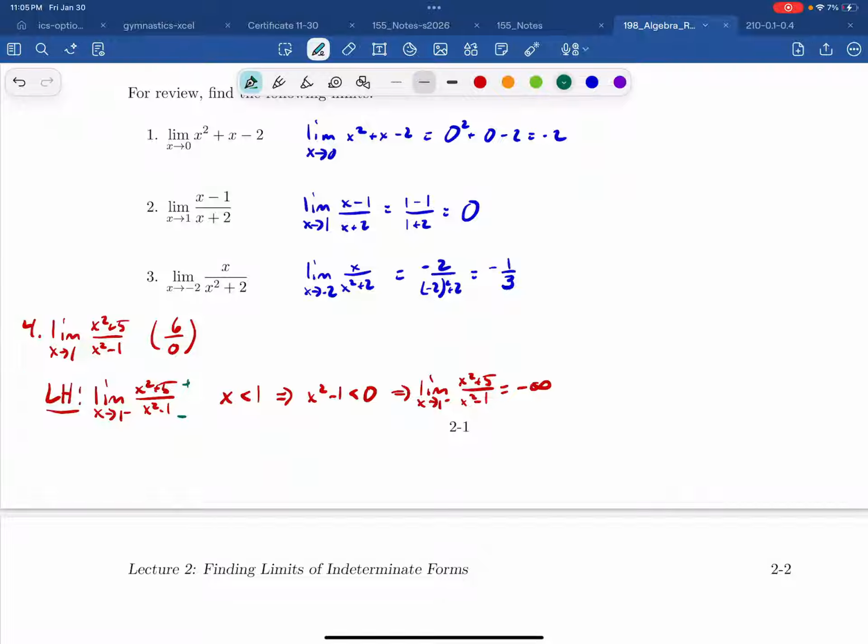Right, because a positive divided by a negative equals a negative. Okay? Let's take a look at the right-hand side. Limit as x approaches 1 from the right of this same function. What are we going to get?